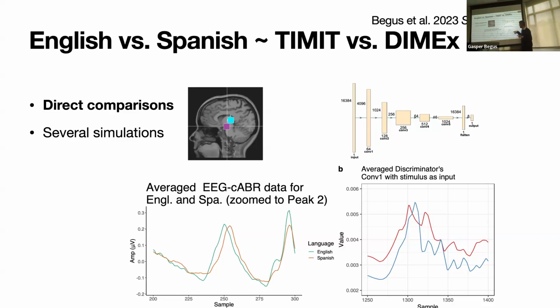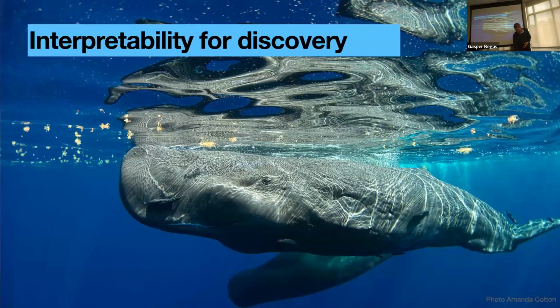And then we replicated something similar in the models. I'm not going to go into details. The point is that you can compare how language experience modulates brain encoding and neural network encoding. And we claim that it modulates it. Okay, now on to the whales.